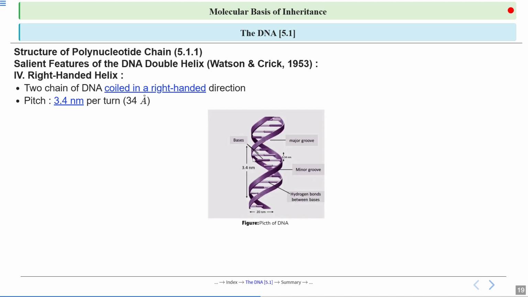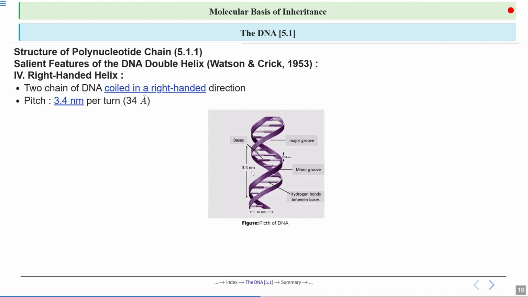This is the whole one turn that this DNA will take, and the distance of that is what we call pitch. It is 3.4 nanometer or 34 angstrom. You remember 3.4 nanometer only.